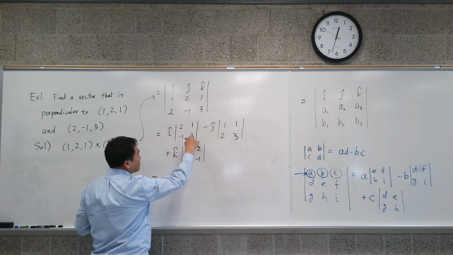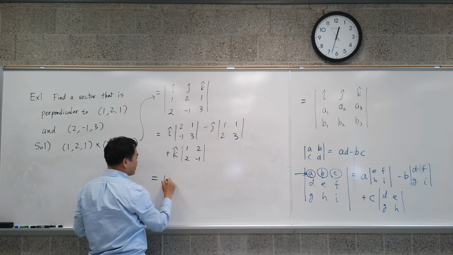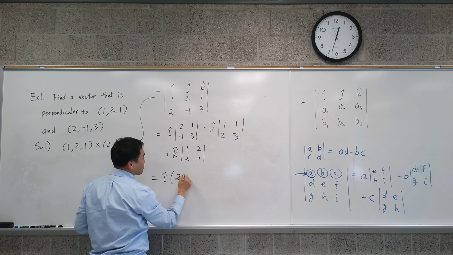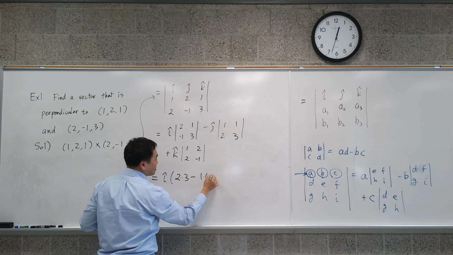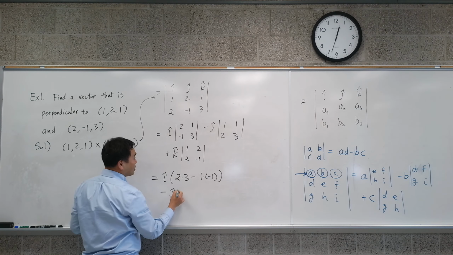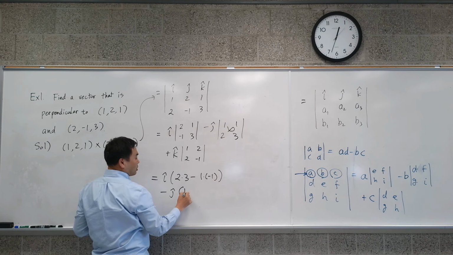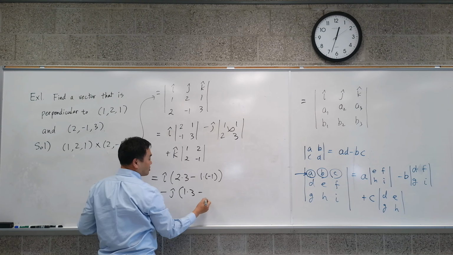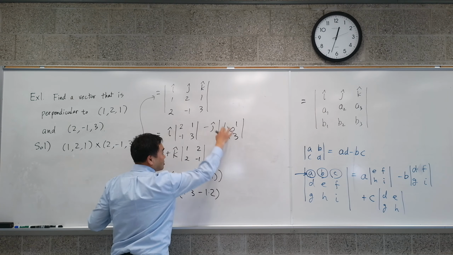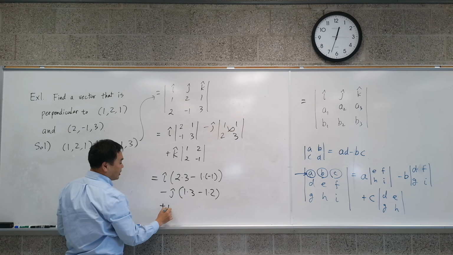How do you calculate this? 2 times 3 minus -1 times -1, right? So it's 2 times 3 minus 1 times -1, okay, minus j. Here it's like this, so it's 1 times 3 minus 1 times 2, right? This times this minus this times this, plus k.